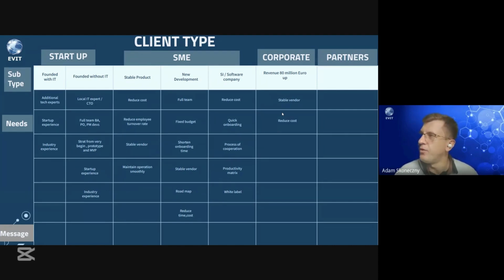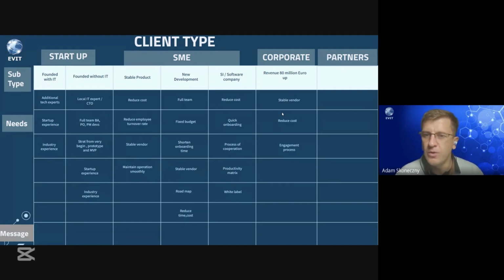They looking for reduce the cost of operation, especially if this is public company. So then reducing cost is something really nice to show to shareholders. They need engagement process. So when you work with the corporate, it's not like you have a cold email and then you have a meeting and then you start working after 3 months. When you work with corporate, you need to go through the financial checks.